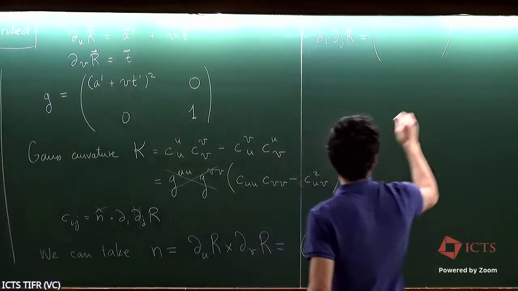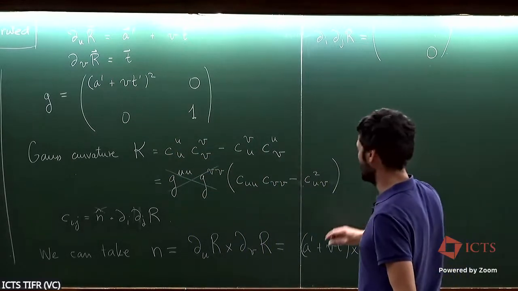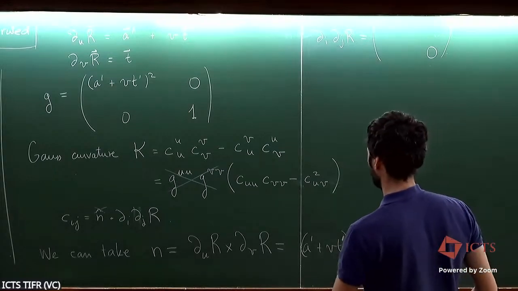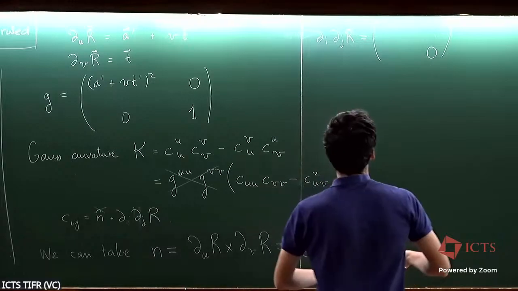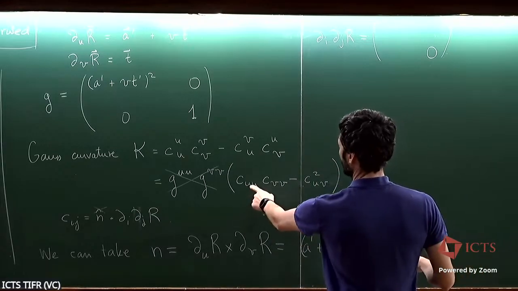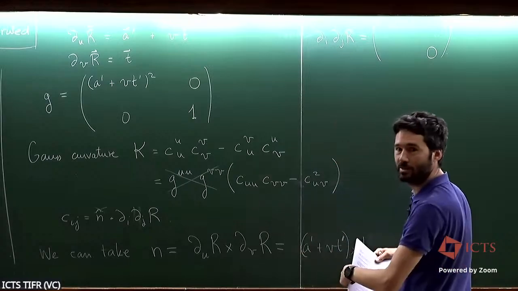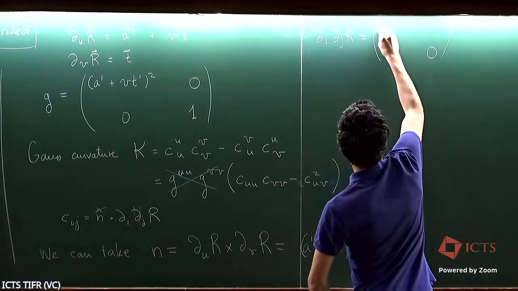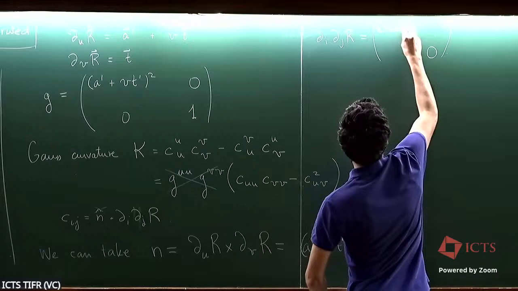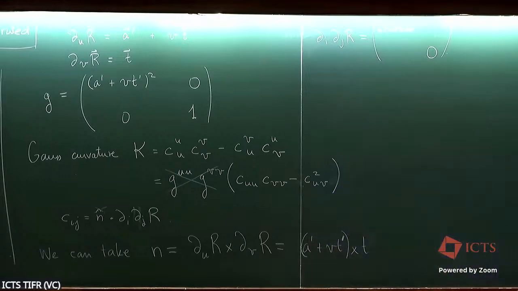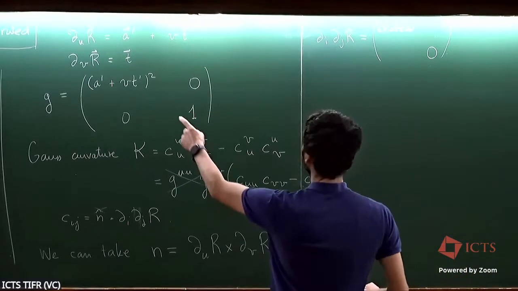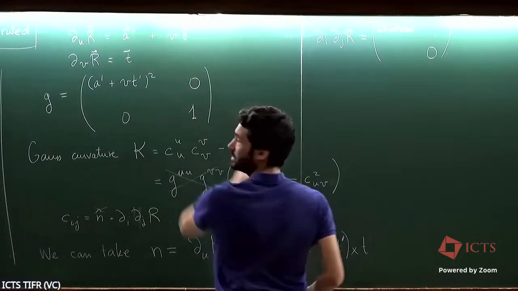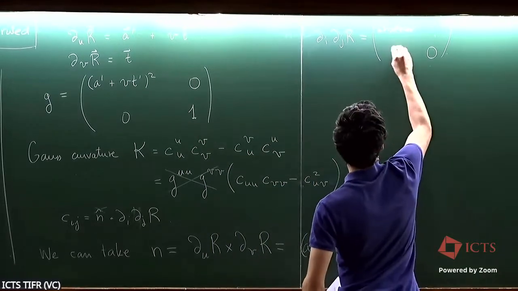So here I have 0, and since C_UU is multiplied by C_VV and C_VV is 0, I don't have to compute C_UU. This helps. And then the cross derivative, d_U d_V of R, is just T prime. So I have T prime here.